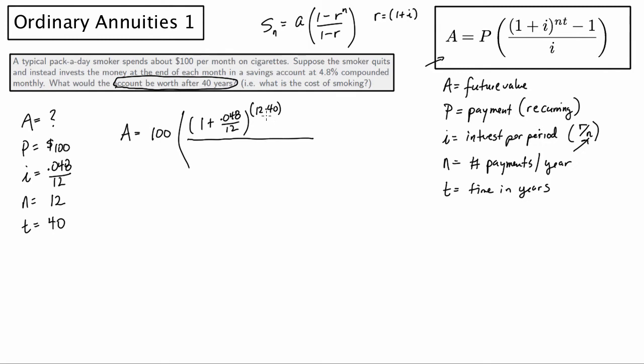The exponent here tells you the total number of payments. So minus 1, and then in the denominator we have the 0.048 divided by 12 once again. Alright, so the best way to handle this is to do it all at once in the calculator. So I've gone ahead and done that for us.